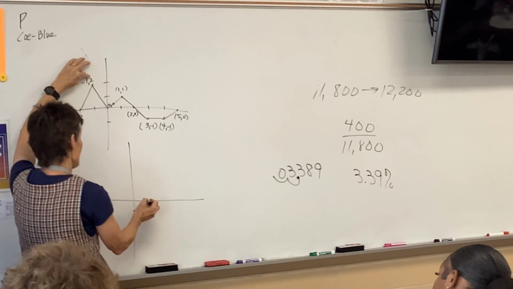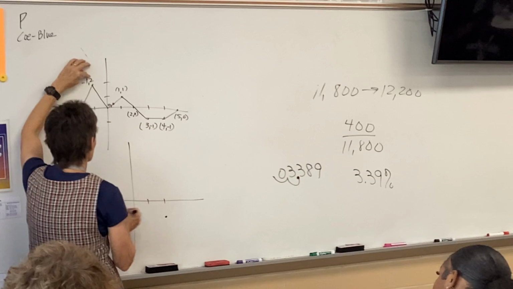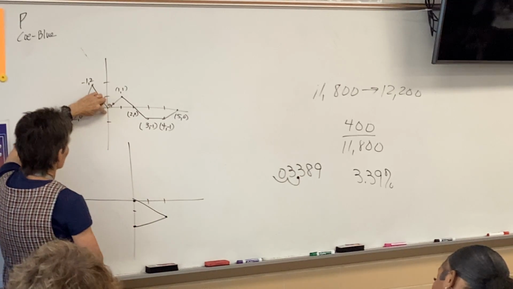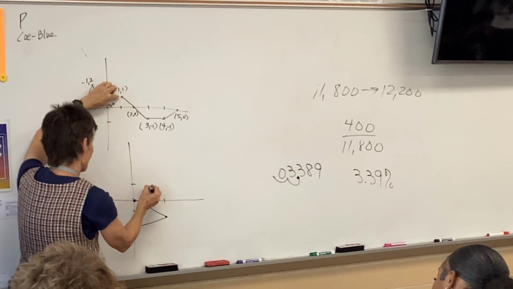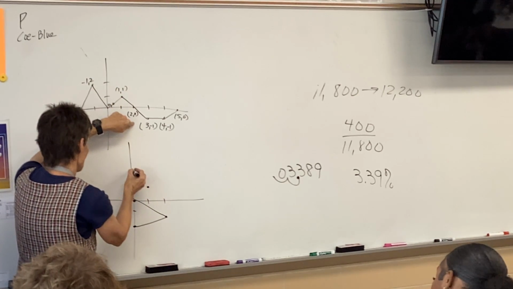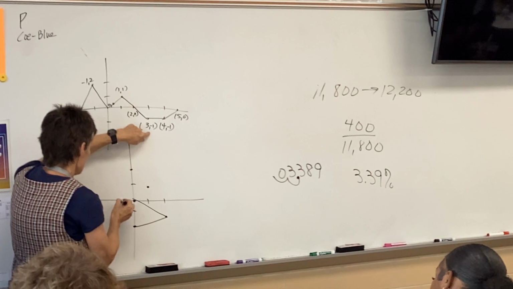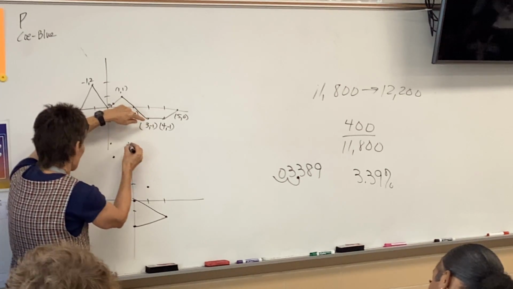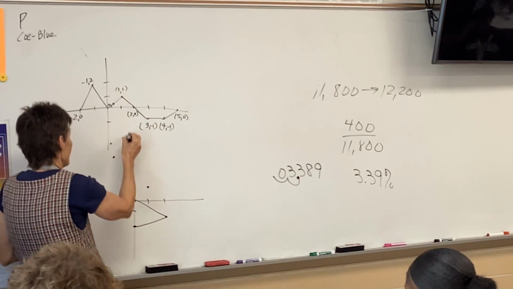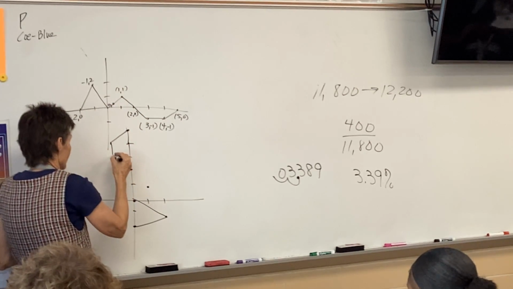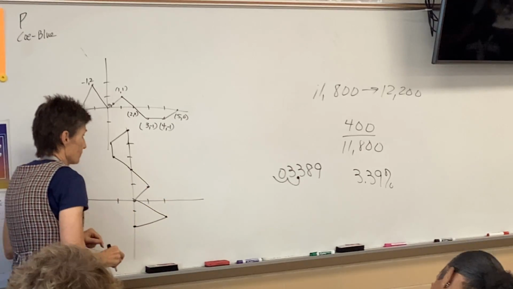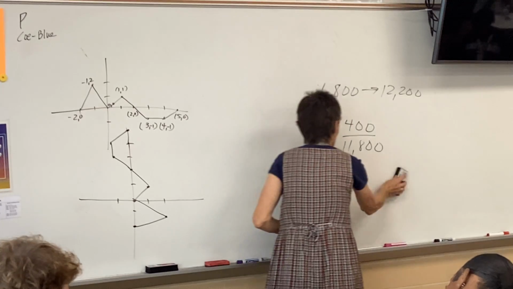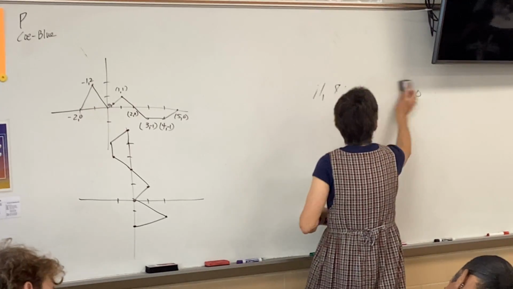This is gonna be 2, -1. 0, 0. 1, 1. 0, 2. -1, 3. -1, 4. 0, 5. You all know how to plot points. Everybody can do that. Just turn the ordered pairs around.